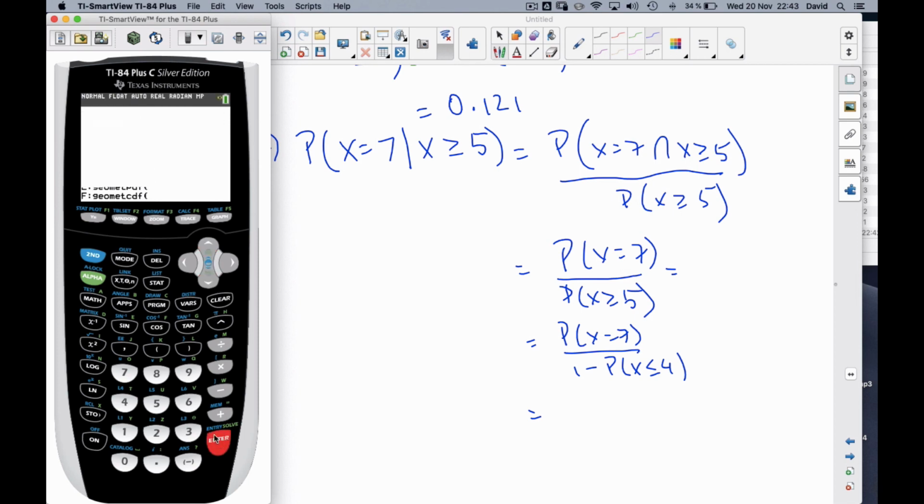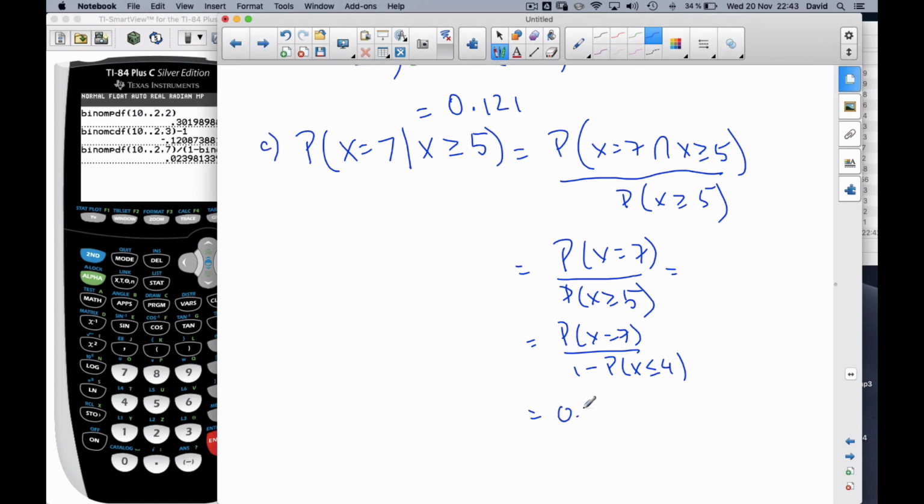The cumulative, where there's 10, there's 0.2, and X value is 4. And so now that probability is 0.239.